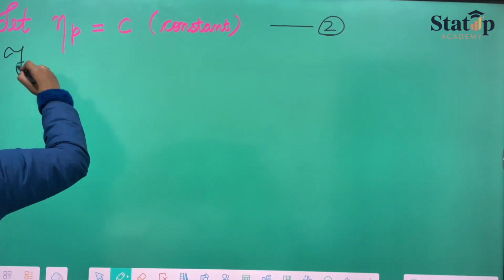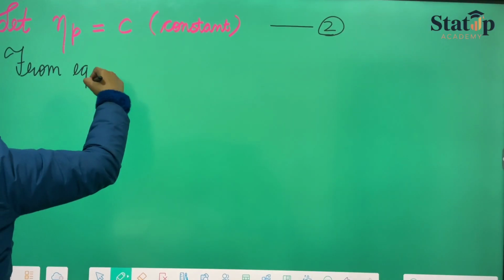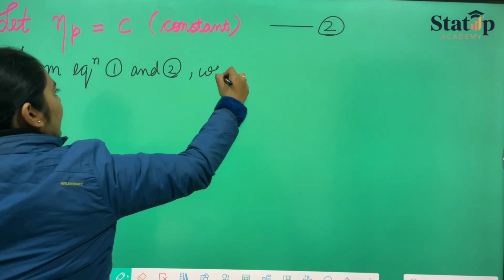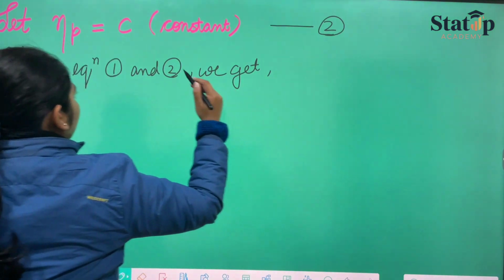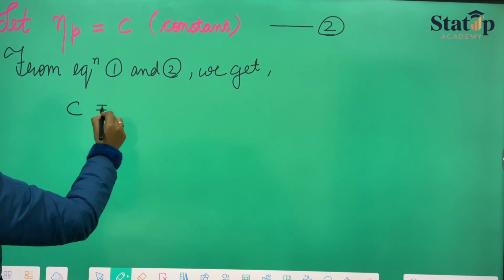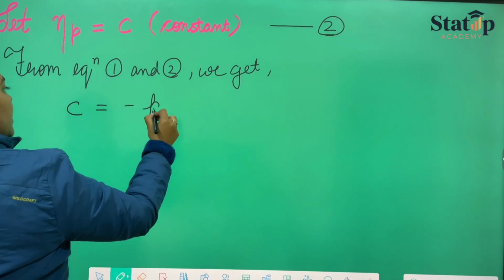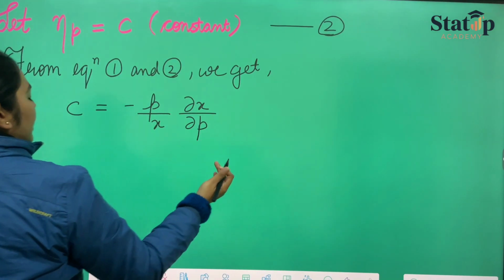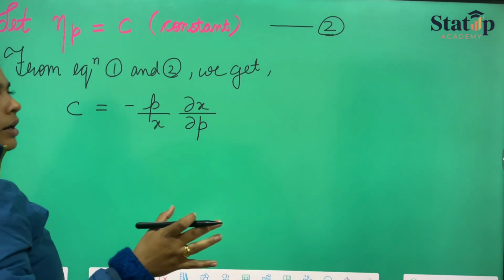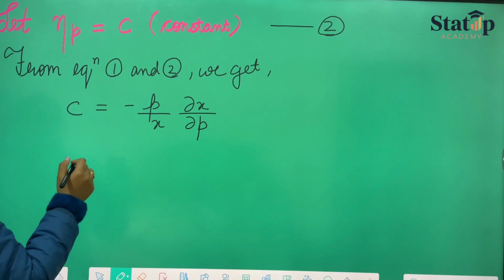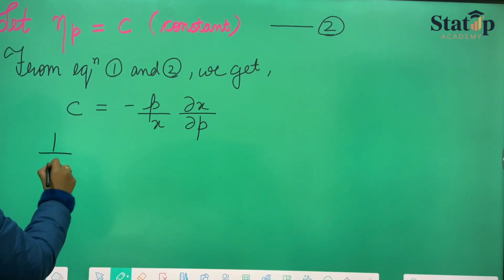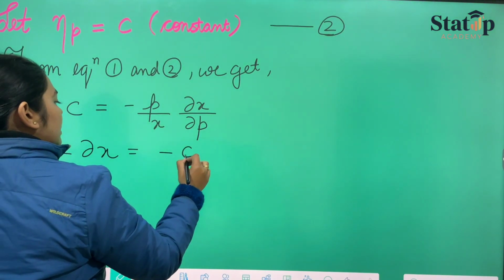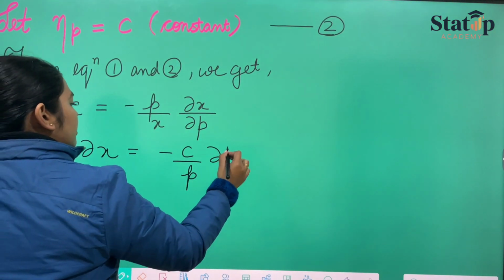From equations 1 and 2, keeping C in place of price elasticity, we get C equals minus P upon X delta X upon delta P. Now taking X on one side and the rest on the other side, we get 1 upon X delta X equals minus C upon P delta P.